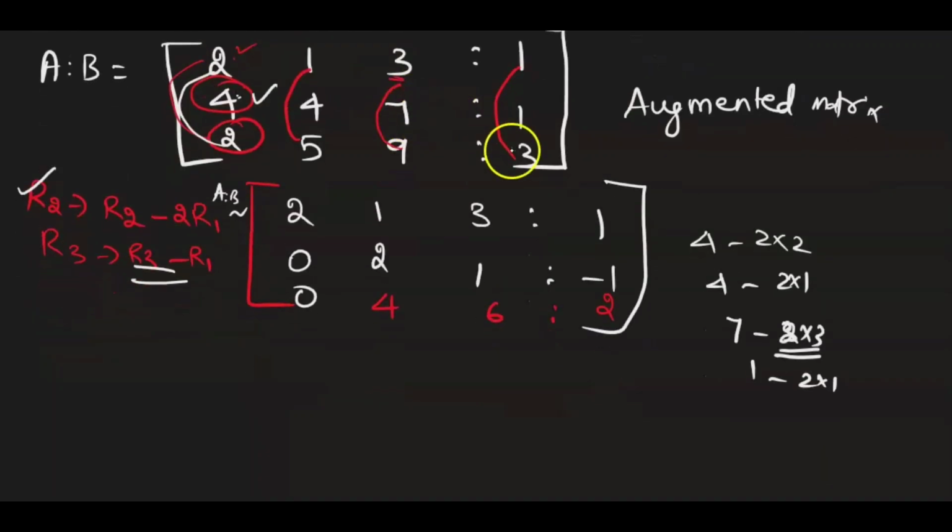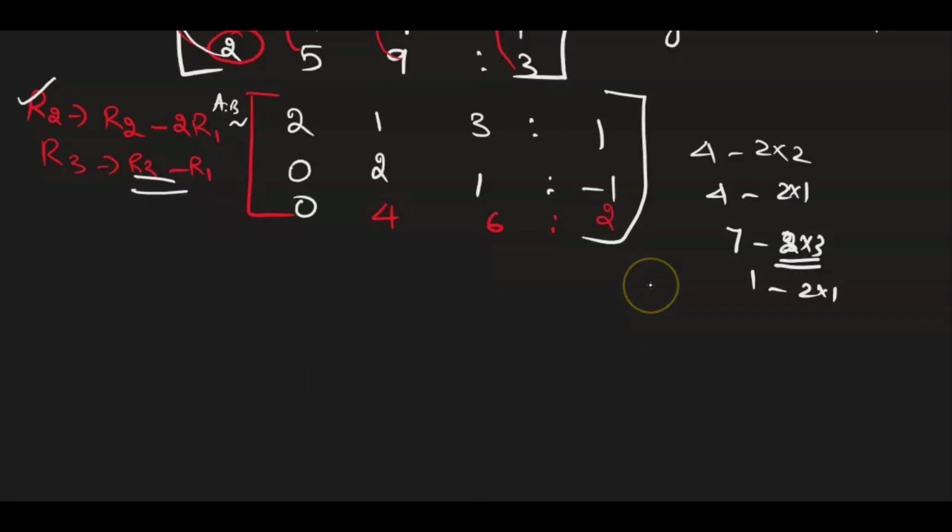So now what we are going to do is fix row 2 here, and we will try to make the elements below and above row 2, that's exactly above the diagonal and below the diagonal of the second row, 0. That is 4 and 1. That is my target. So I'm going to fix R2.